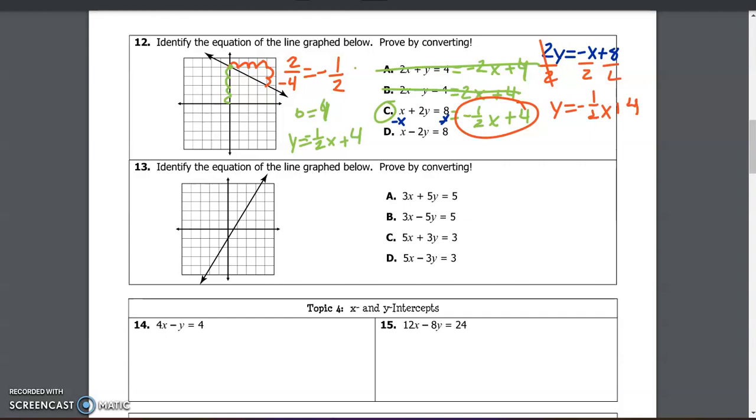Okay. Same thing on number 13, right? You just identify the equation for this graph. So let's say I pick this point here, this point up here. So I would go 1, 2, 3, 4, 5 over 1, 2, 3. So 5/3. So I want a slope of 5/3, and it crosses the y-axis right here at -1.